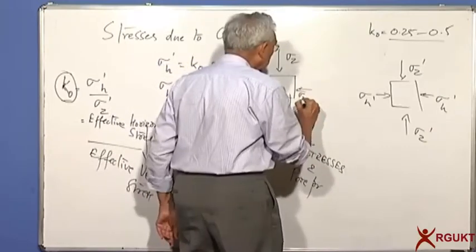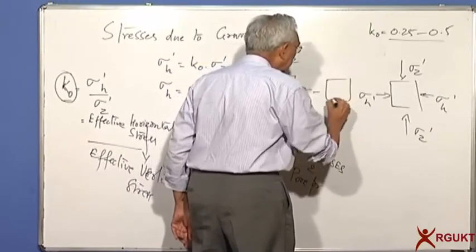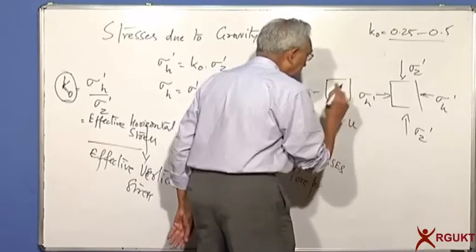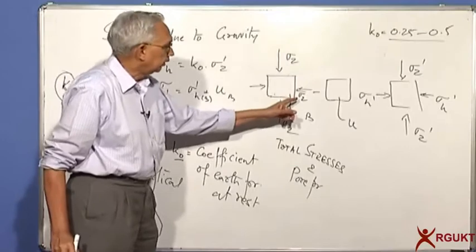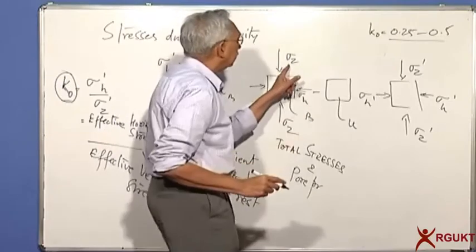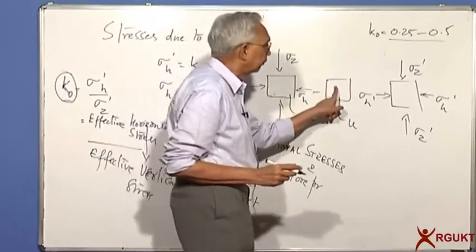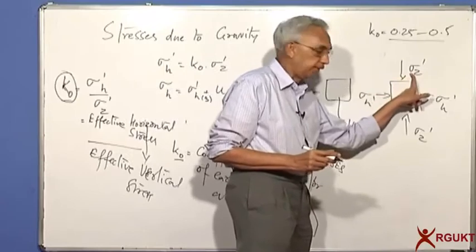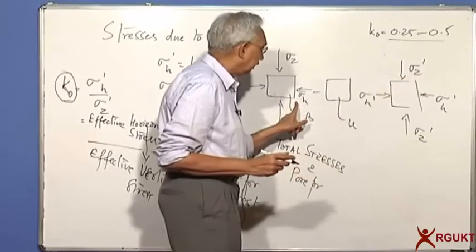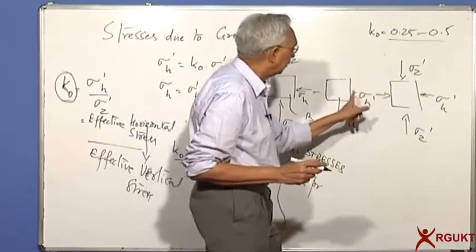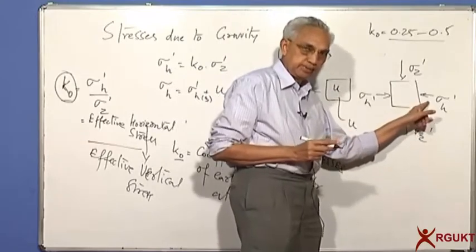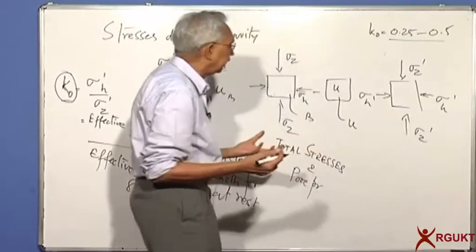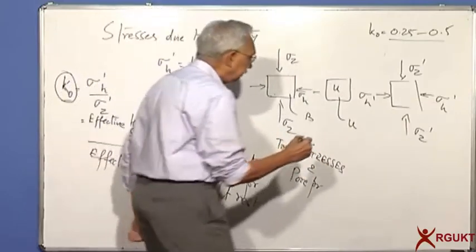This is pore pressure. So you can see that total stress minus pore pressure is equal to effective vertical stress. Total horizontal stress minus pore pressure is equal to effective horizontal stress. So we can now calculate at each point these stresses.